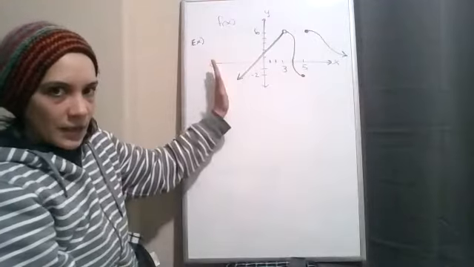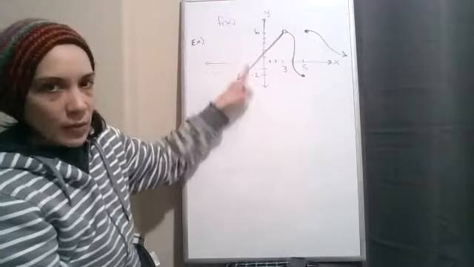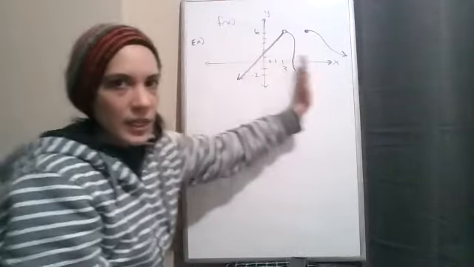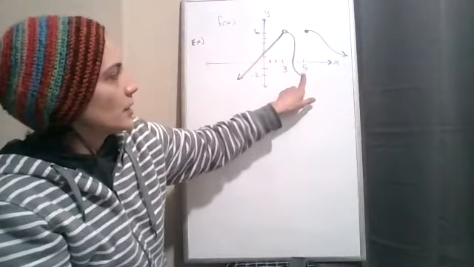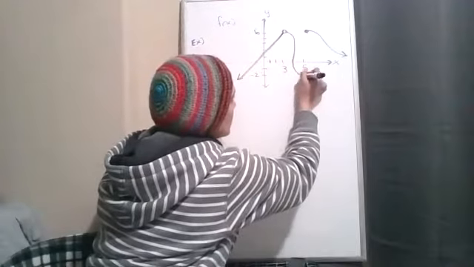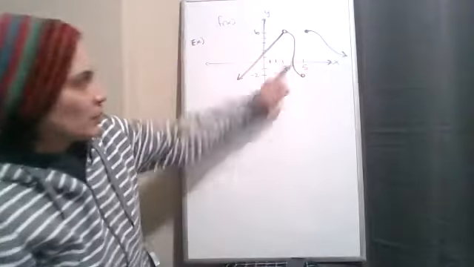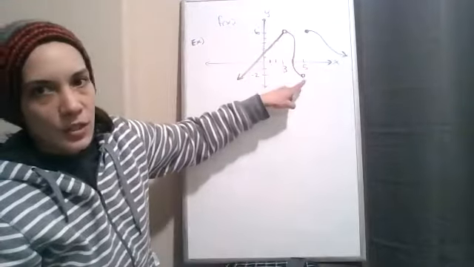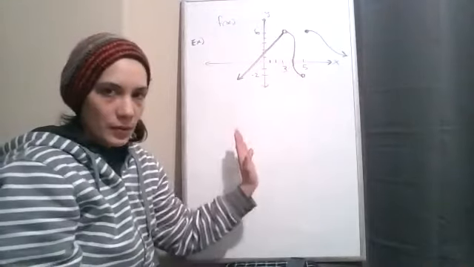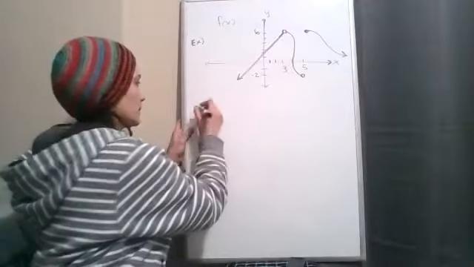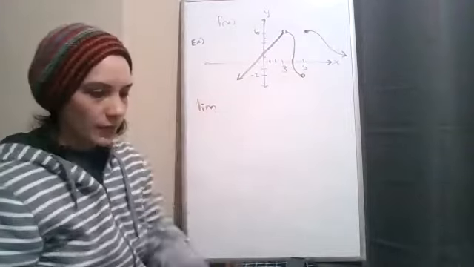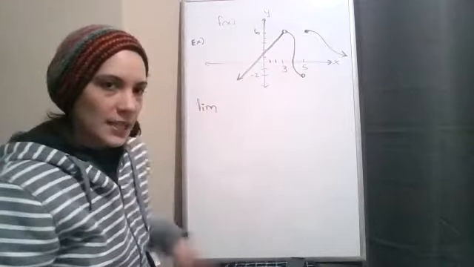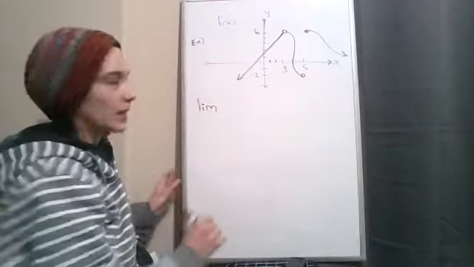So first, it is a function. Every input has an output where it passes the vertical line test. Actually, no, right here, we have a problem. We need to have this empty. Otherwise, that input 5 would have had 2 outputs, which is not a function. Now we want to find the limit of f of x as x approaches 3 from the right.